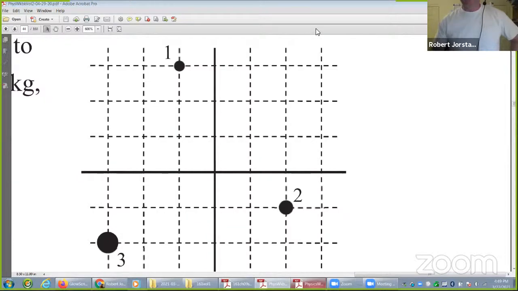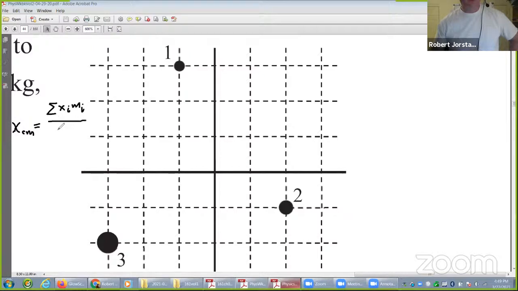We want to use this center of mass formula right here. x center of mass is equal to the sum of x sub i, m sub i, all over the sum of the mass. Now, in this case, what is x1 here?